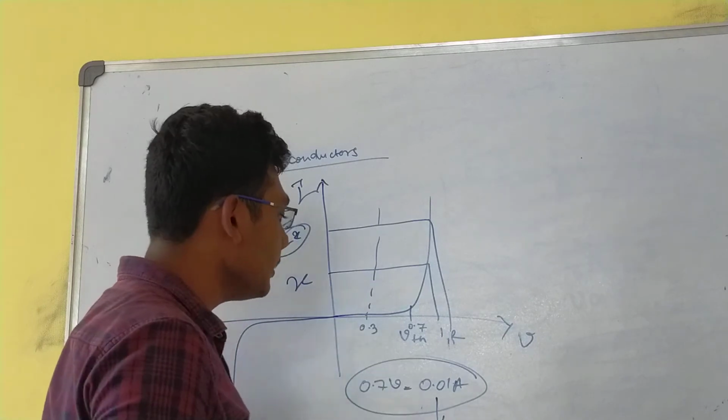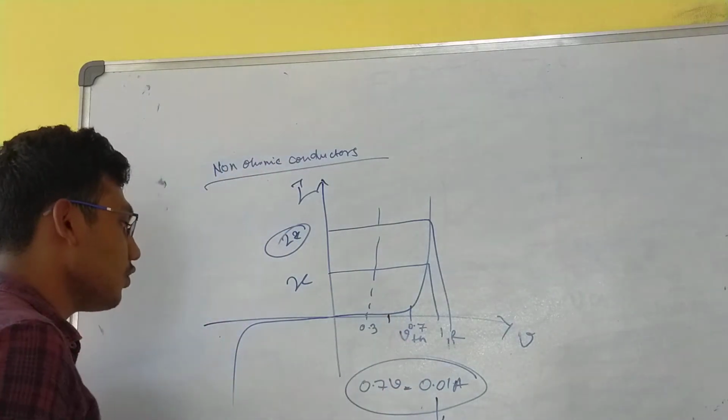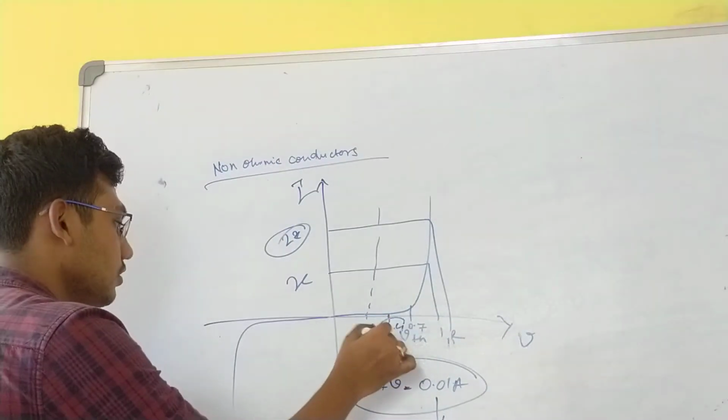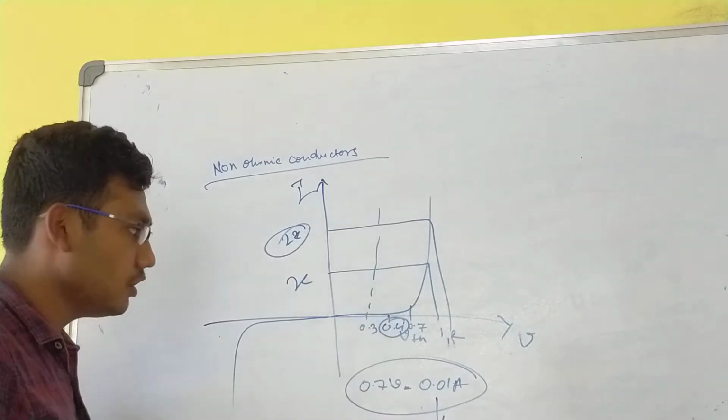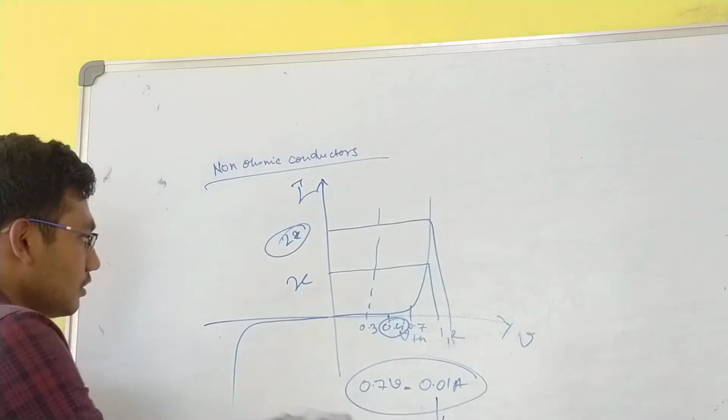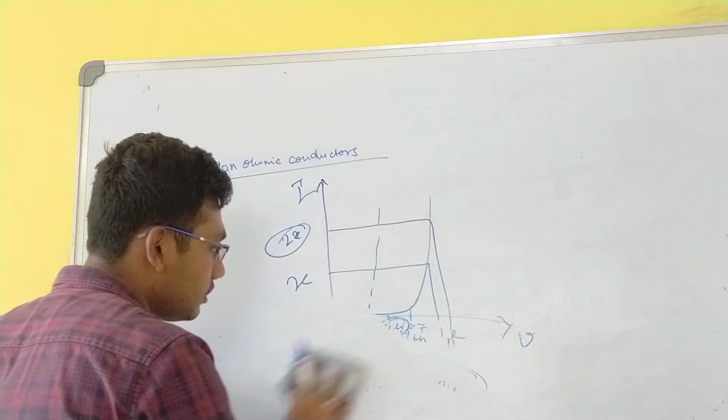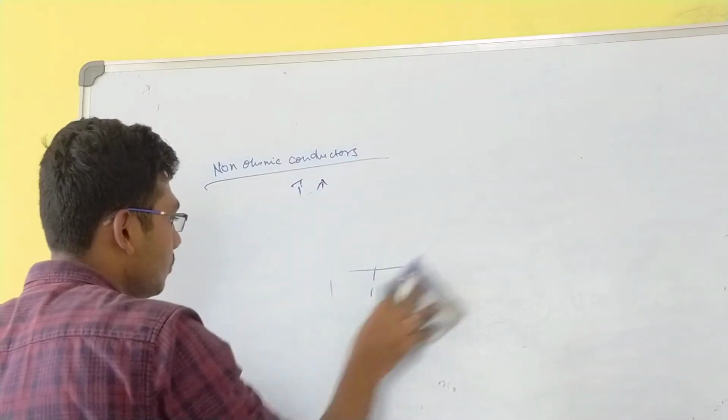So this system is non-linear. You cannot find the current at 0.4 volts or 4 volts. You don't have a formula for this. So the conductor which doesn't follow this kind of straight line is called a non-ohmic conductor.